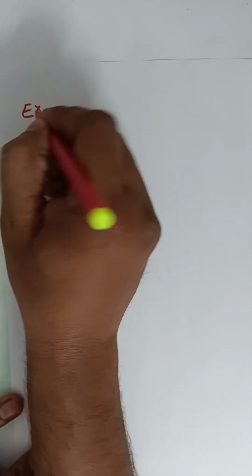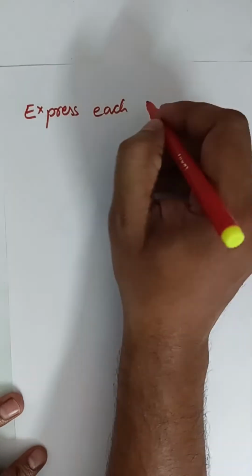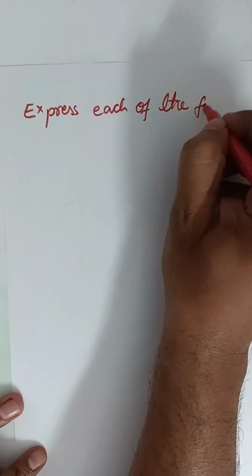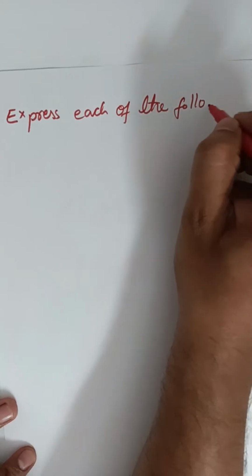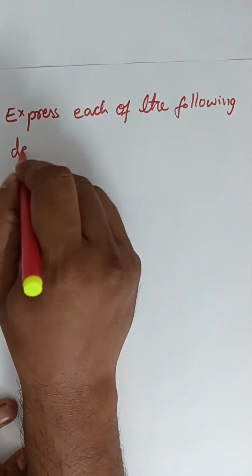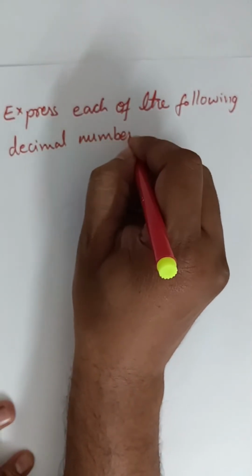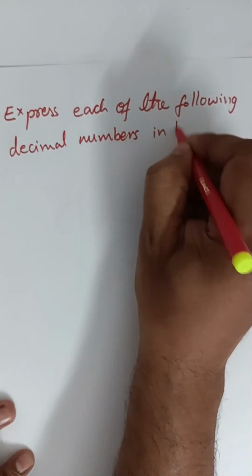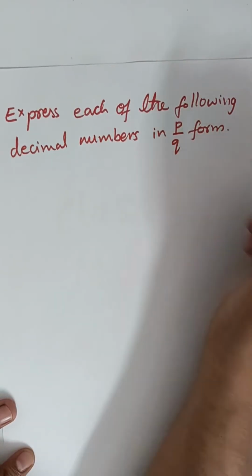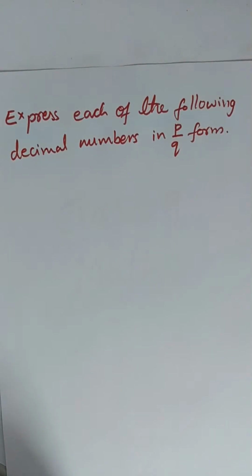What's the question here? Express each of the following decimal numbers in P by Q form.